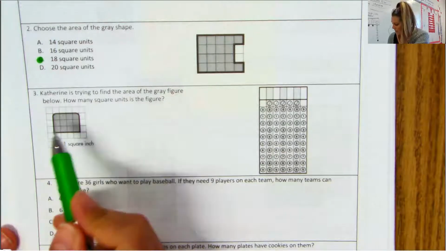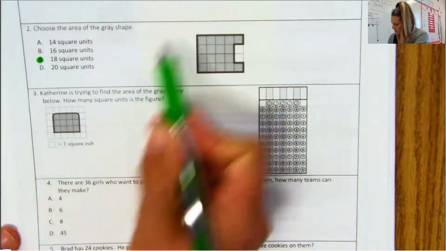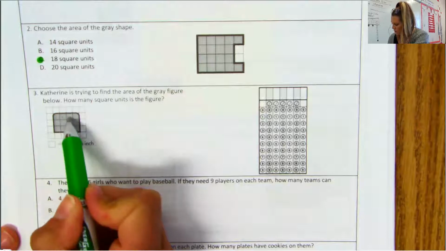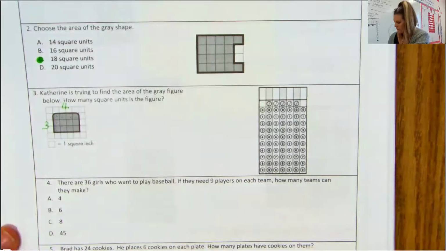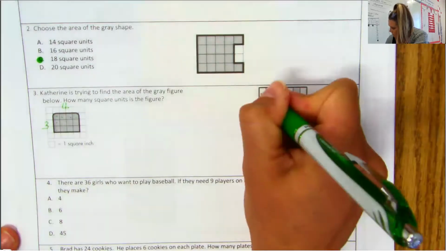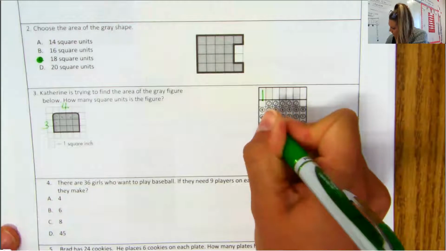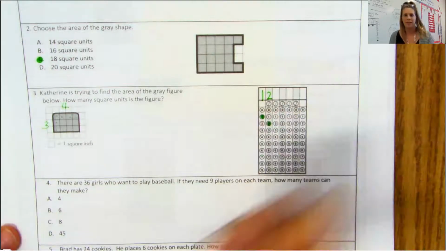If you count them, that might be the easiest strategy, or you can multiply. It looks a little similar to one we already did. Let's look. 1, 2, 3, 4. 1, 2, 3. And we know 4 times 3 equals 12. So we write our first digit, bubble it in, our second digit, and bubble it in.